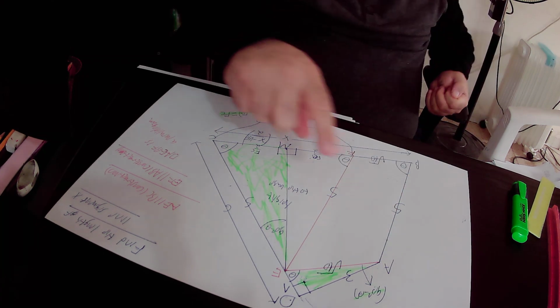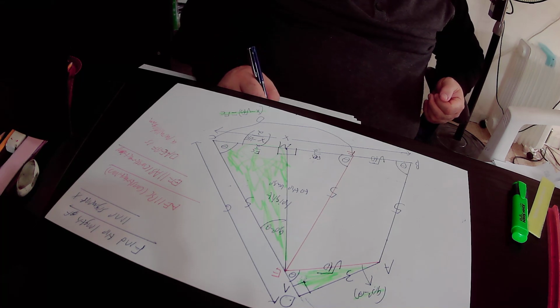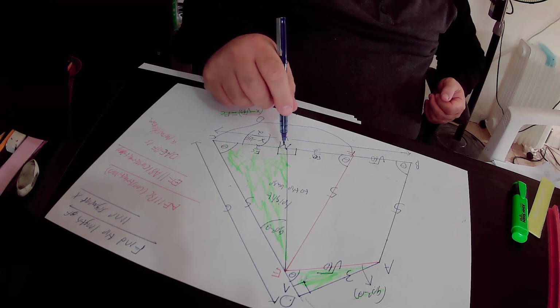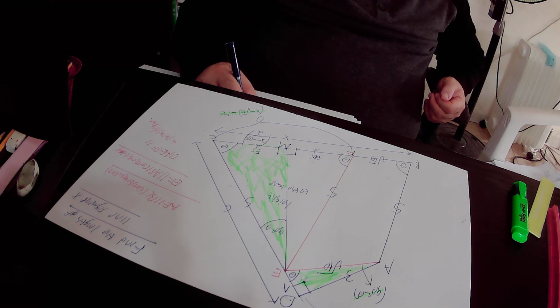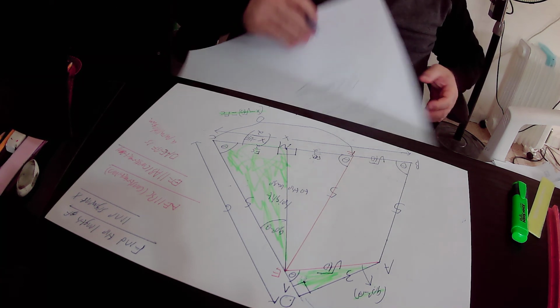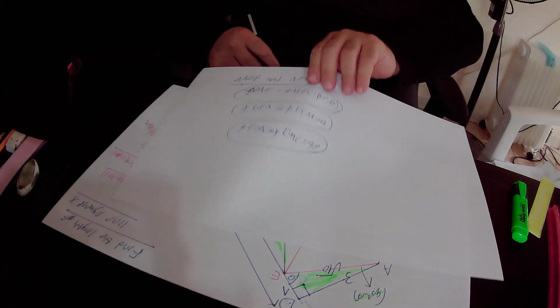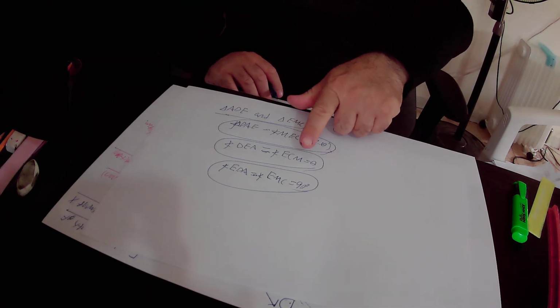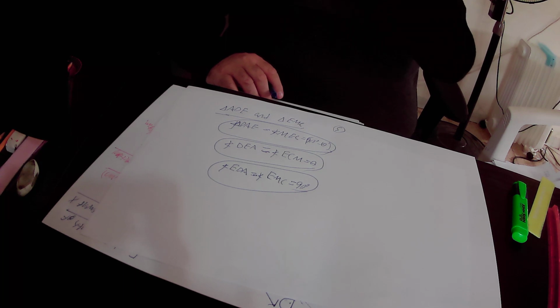So angle EDA equals this angle that is actually angle EMC, and they are both equal to 90 degrees. I'll repeat again, angle EDA equals angle EMC equals 90 degrees.